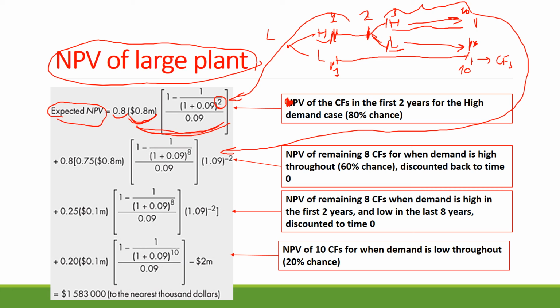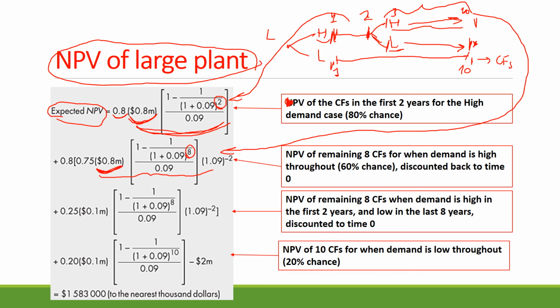Firstly, let's look at the cash flows, right? So if we have a large plant and it's high demand, then we get $0.8 million per year. We're looking at the cash flows from year 3 to year 10, and therefore we have 8 cash flows, right? But because we're looking at cash flows from year 3 to year 10, that means we're looking at cash flows at some point in time in the future, right?